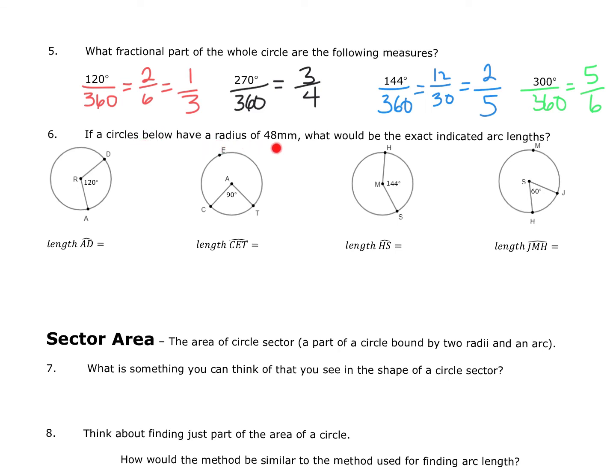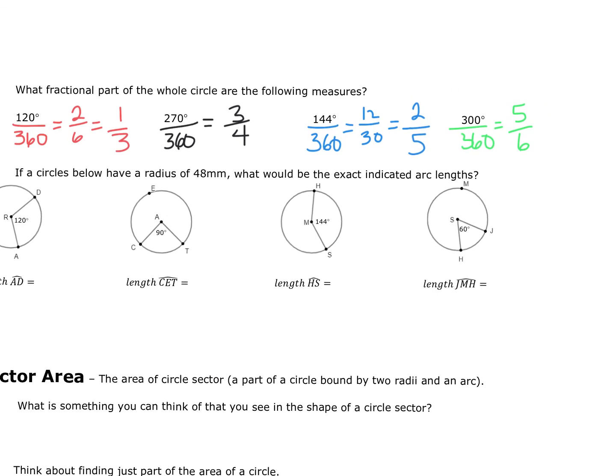Okay, if the circles below have a radius of 48 millimeters, what would be the exact indicated arc lengths? Well, we're going to be multiplying the fraction by the circumference. All of these have the same circumference since they all have the same radius, so let's figure that out in advance. C is equal to 2 pi r, so 2 times pi times 48, that's 96 pi millimeters.